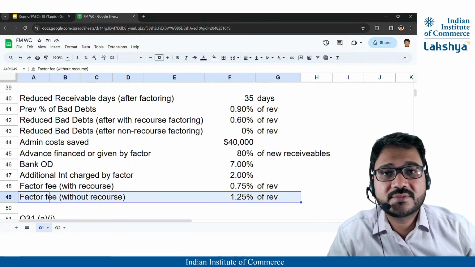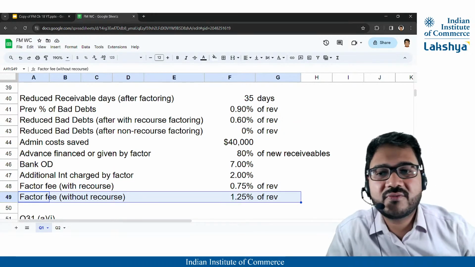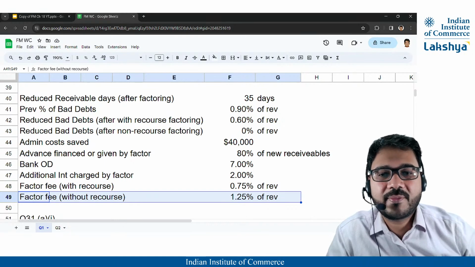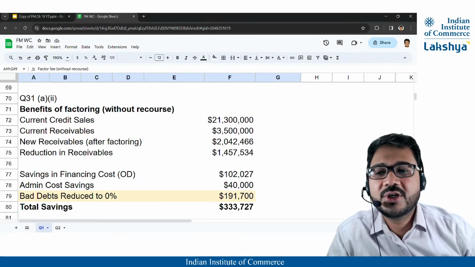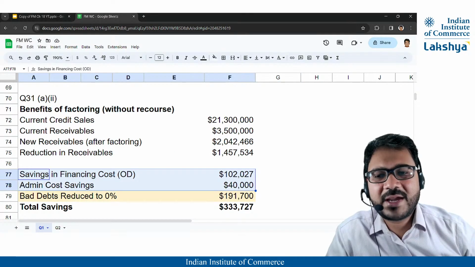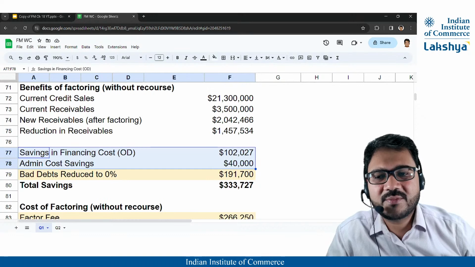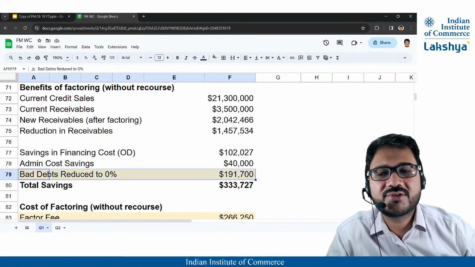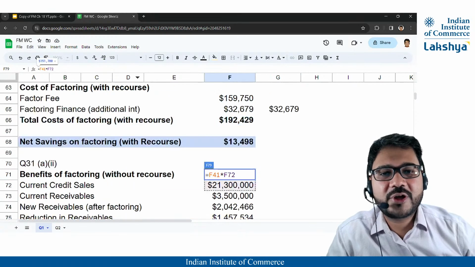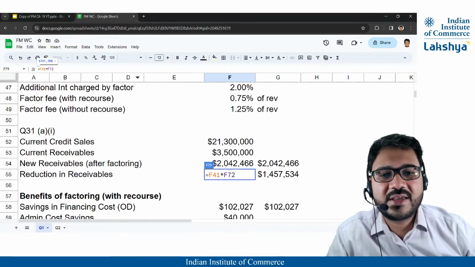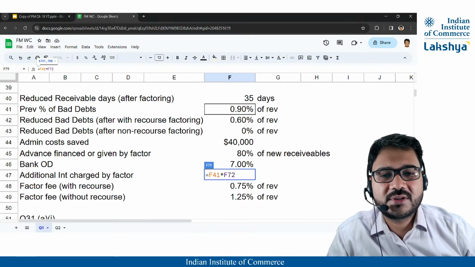That's the only difference between with recourse and without recourse. So the only thing that changes is the bad debts component. Savings would remain the same, admin costs saved would remain the same, only bad debts will get reduced to 0%. That means the entire 0.9% you are saving.